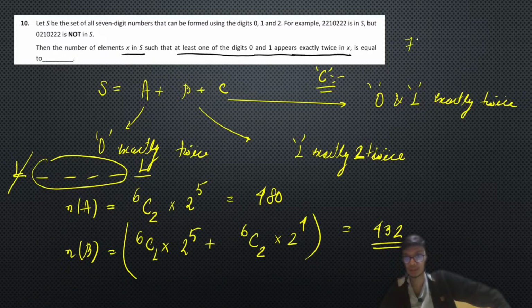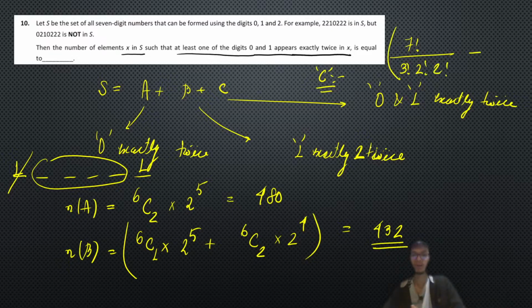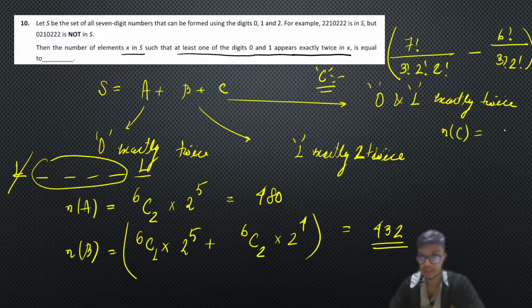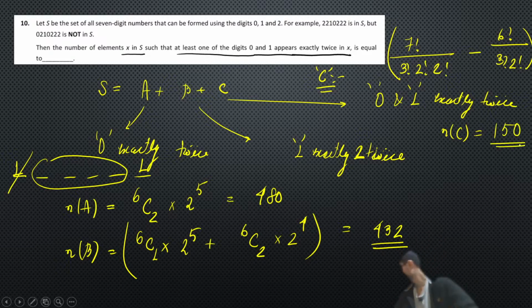If I don't think of anything, I just permute it, so it will be given by 7 factorial by 3 factorial by 2 factorial by 2 factorial, minus those cases where it is not allowed, that will be like 6 factorial divided by 3 factorial by 2 factorial. That gives all these cases for C. The number of elements in C will be simply 150. I hope this is clear.